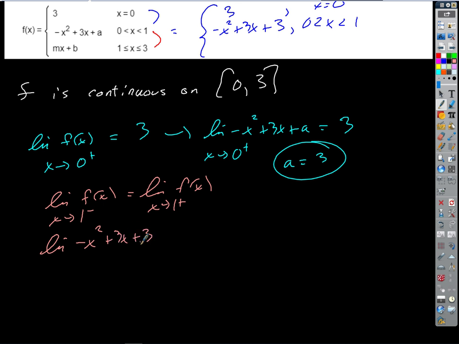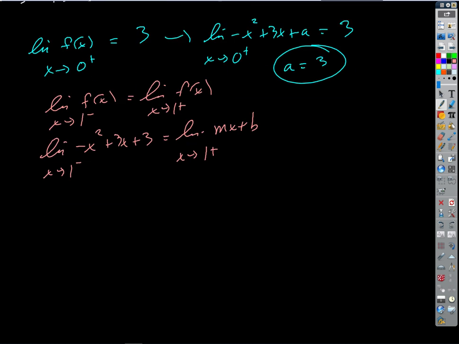We can plug 3 in for a. As x approaches 1 from the left, has to equal the limit of the bottom row, mx plus b, as x approaches 1 from the right. What's that tell us? As x approaches 1, we get negative 1 plus 3 is 2, plus 3 is 5, agreed? We get 5 equals m times 1, which is m. Okay, inconclusive, right?